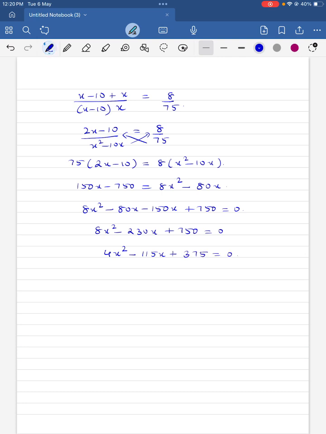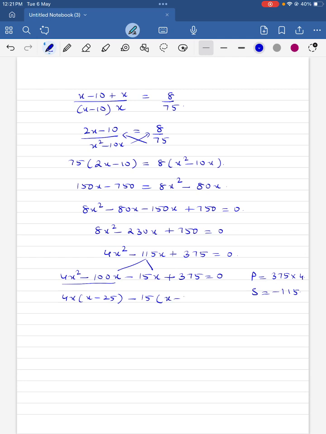Now let me split the middle term. So I should get two numbers whose product is 375 times 4 and sum is equal to negative 115. And I found out those numbers as equal to 100 and 15. So I've split this into 4x squared minus 100x minus 15x plus 375 equal to 0. Now let me take out the common term from the first two, and it would be 4x into x minus 25 minus 15 into x minus 25 equal to 0.